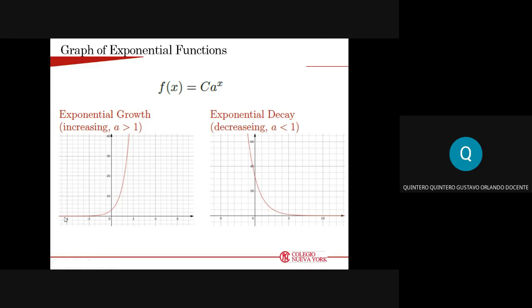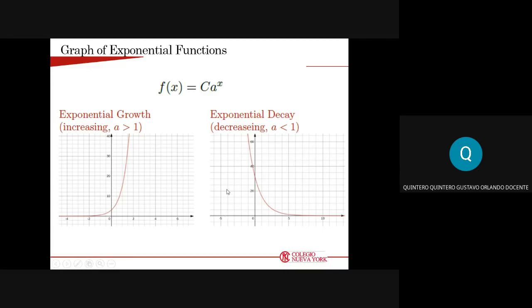Yes, you are correct. But that is why we have to look at the function always from left to right, de izquierda a derecha, desde los negativos a los positivos. In that case, the line is going to go up. This means we have an increasing value, an exponential growth.